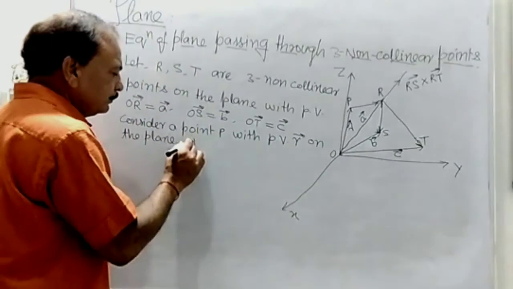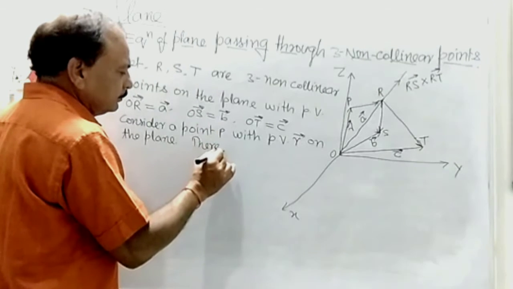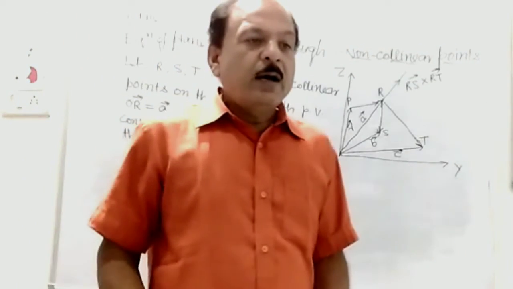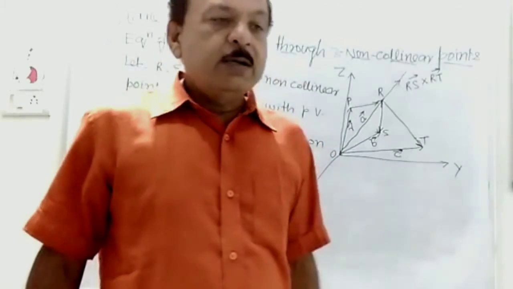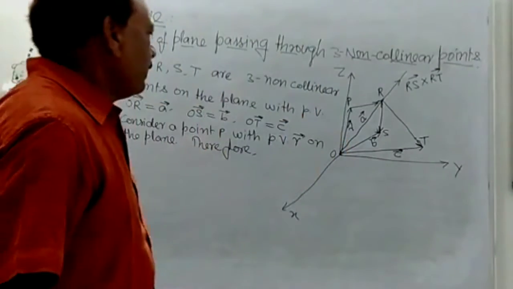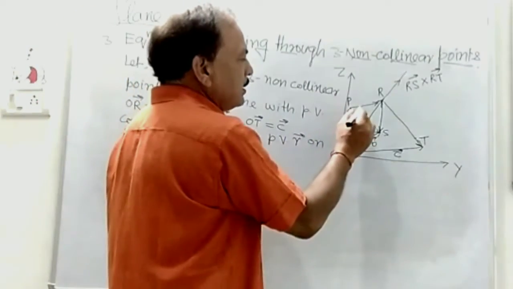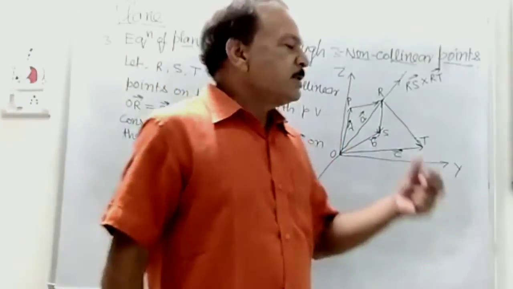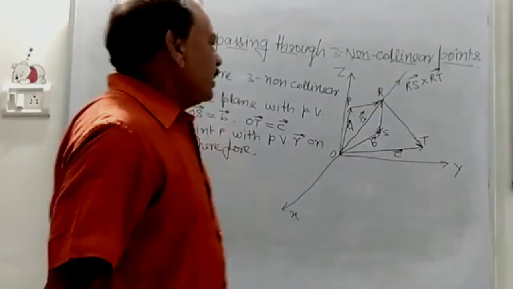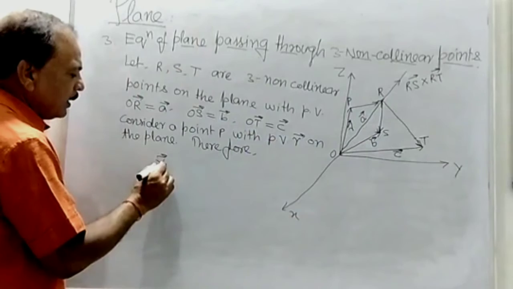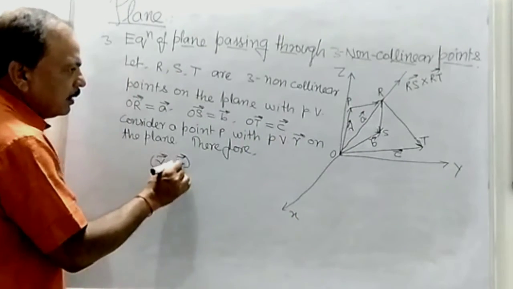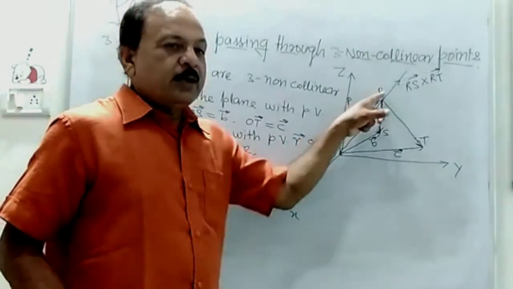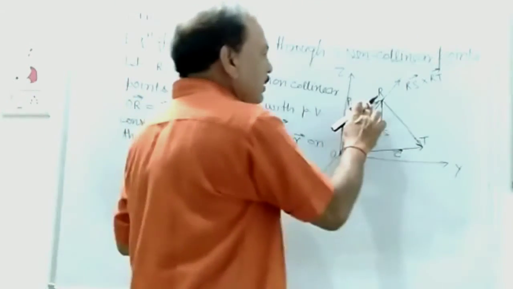Therefore, what happened? R minus A is this vector RP. Vector R minus A is vector RP.